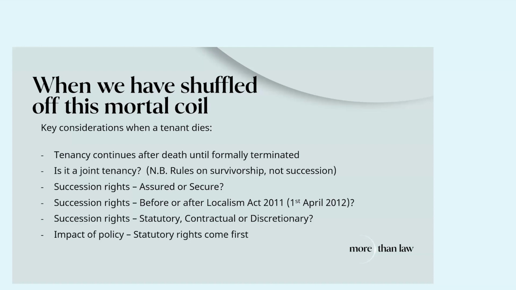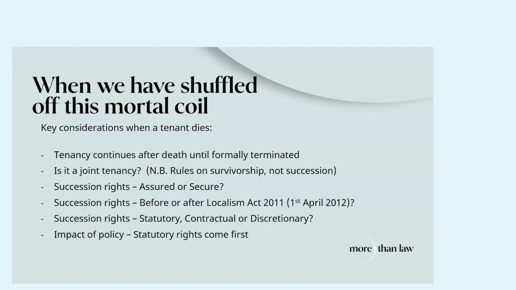So that's where we have to be really careful. The old rules under secure tenancies used to be that you had automatic right of succession to a spouse or a civil partner, but not necessarily to a long-term cohabiting partner. And if there was no married or civil partnership relationship, then there was a secondary category of additional successors, which were called family members.